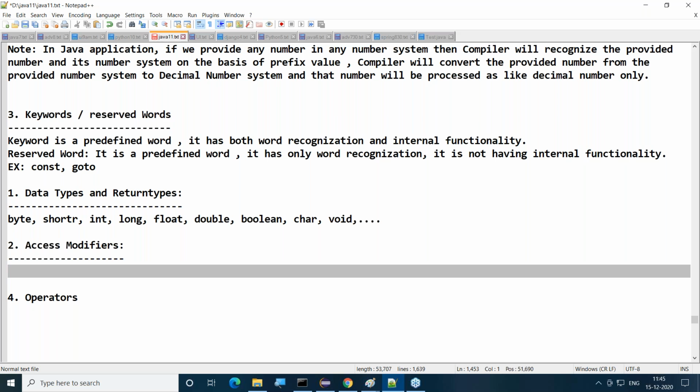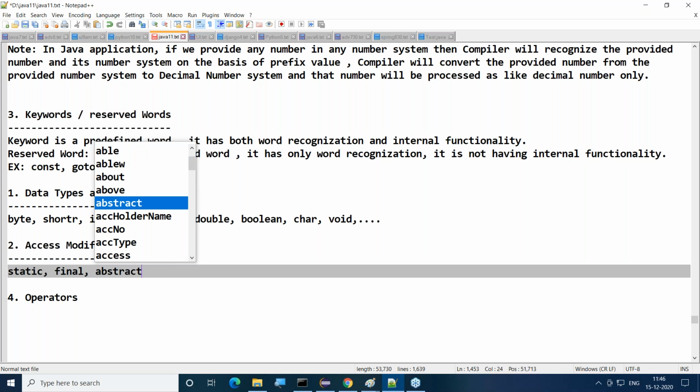The access modifiers would be static, final, abstract.